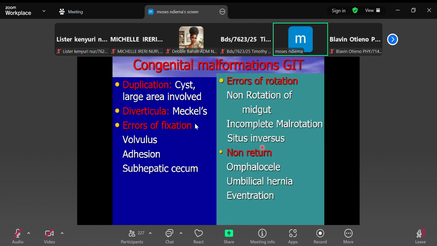Eventration is failure of the anterior abdominal wall to completely close, sometimes because of failure of the medial folding of the ventral part of the abdominal wall. If there's a failure, then part of the intestines will be outside. That we refer to as gastroschisis.